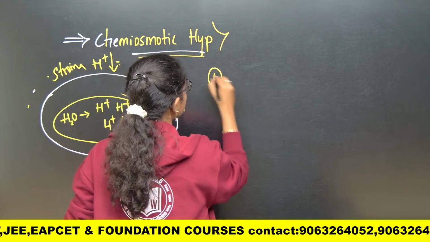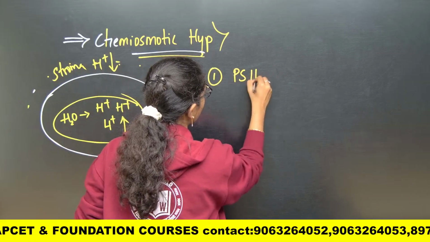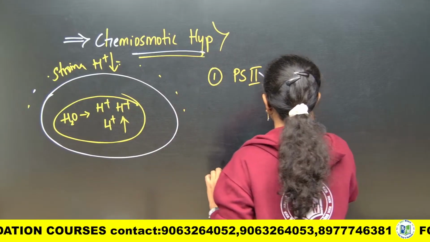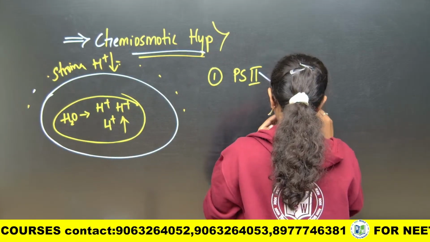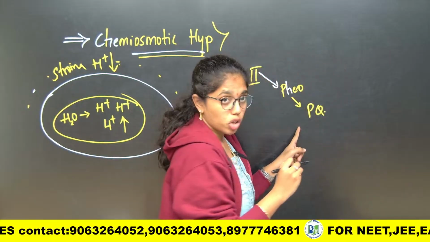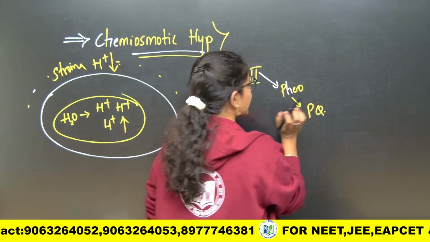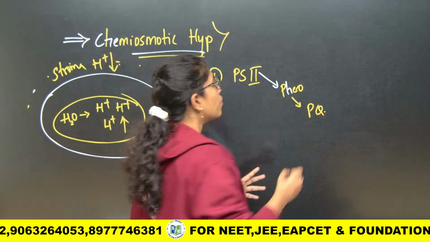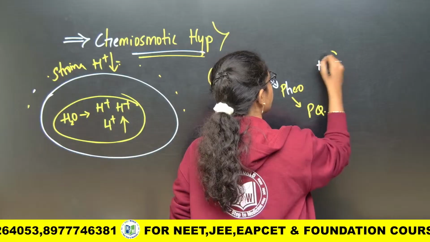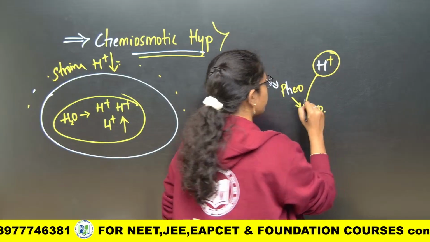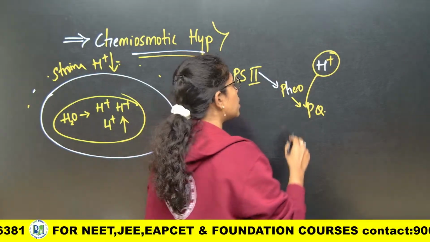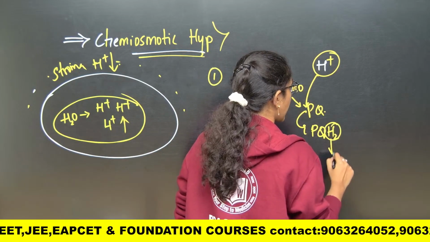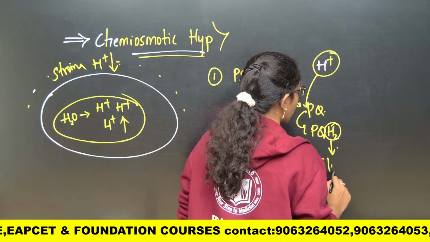The very first reason, in photosystem 2, when electrons are accepted by pheophytin and then plastoquinone, this plastoquinone is not only an electron acceptor, it is a proton acceptor. Protons are taken from the stroma by plastoquinone, converted to PQH2. This H2 will be sent back to the thylakoid lumen.